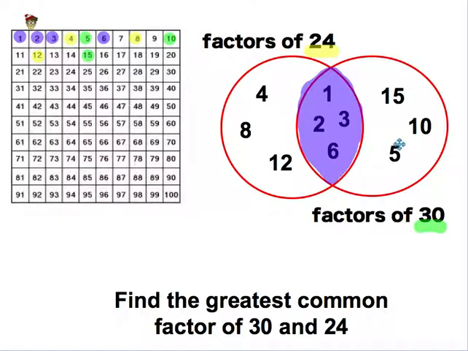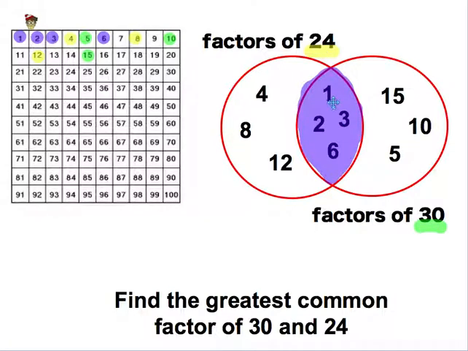Here's another example, but this time I'm looking for common factors. Take a look at common factors of 24 and 30. Sometimes they'll ask what the greatest common factor is, or you might see this labeled as GCF. You can do a Venn diagram, or break it up into a tree, or even use a hundreds chart or tens chart to show what the ones in common are.